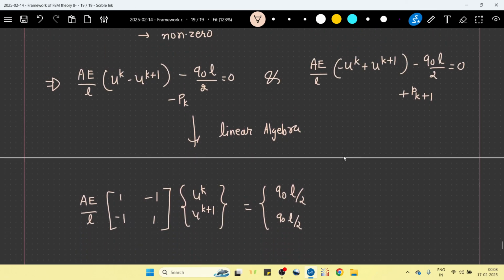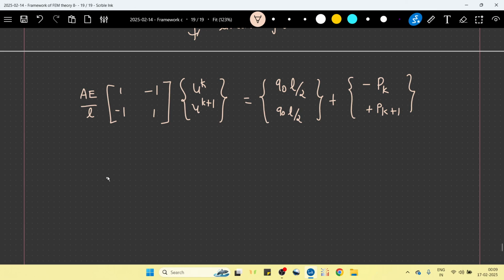So Q0 L by 2, and we'll also get another vector, that is minus PK and plus PK plus 1.